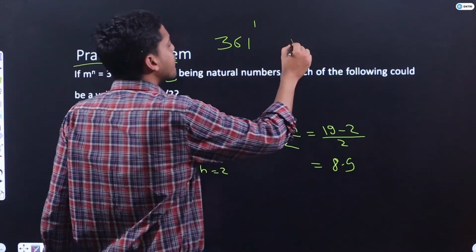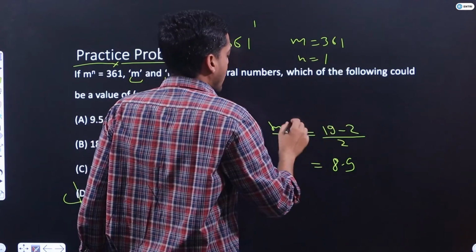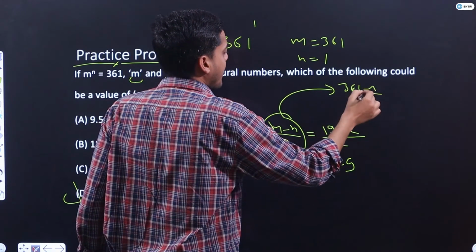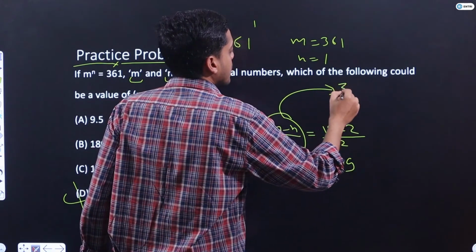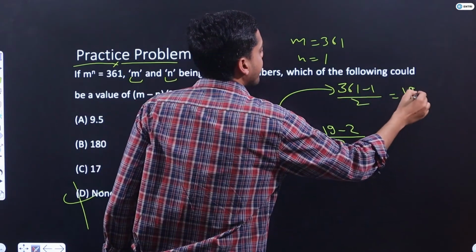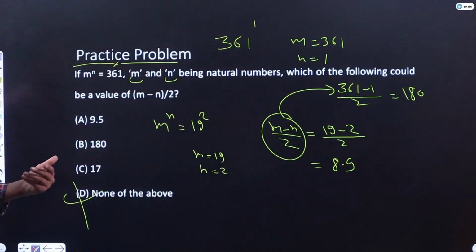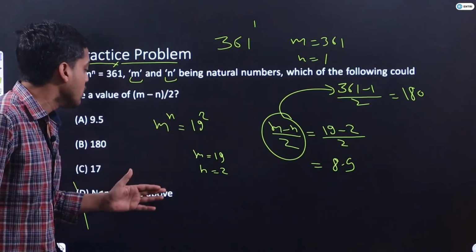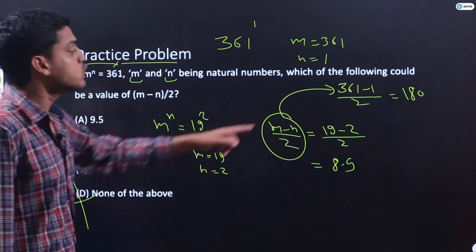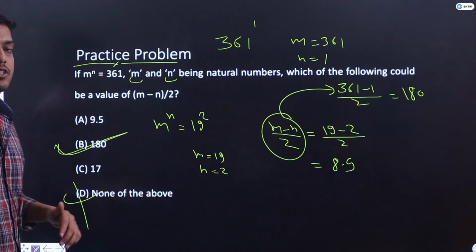Now if I take m equal to 361 and n equal to 1, then the value of this expression will be (361 minus 1) whole upon 2, so it will be 180 only. The question is asking which of the following could be a value of (m minus n) by 2. Yes sir, this is possible, which is not in the options, but this can also be the answer. That's why option B is the correct answer for this particular question.